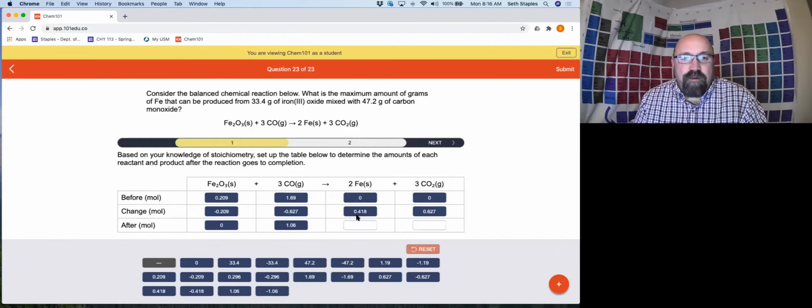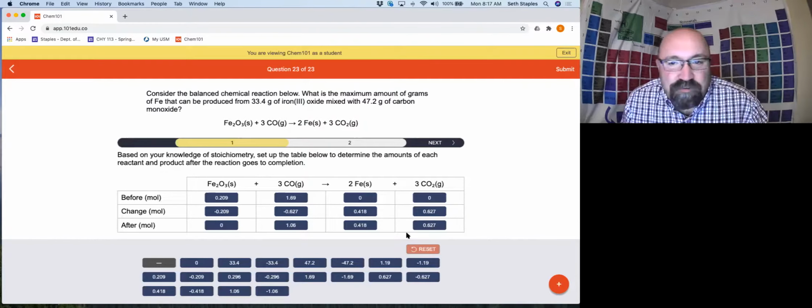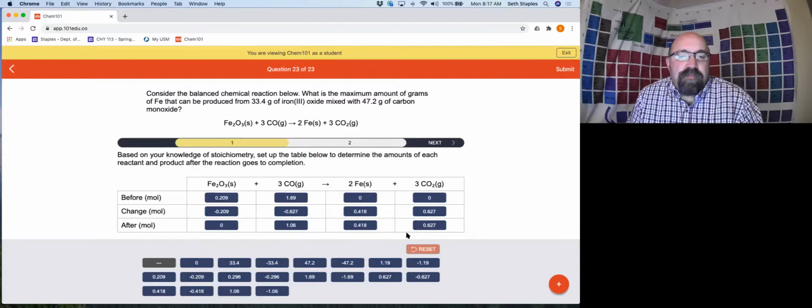We went from 0 and gained 0.418 moles of iron. We have positive 0.418. We went from 0 and gained 0.627 moles of carbon dioxide, and so we have 0.627 moles of carbon dioxide.